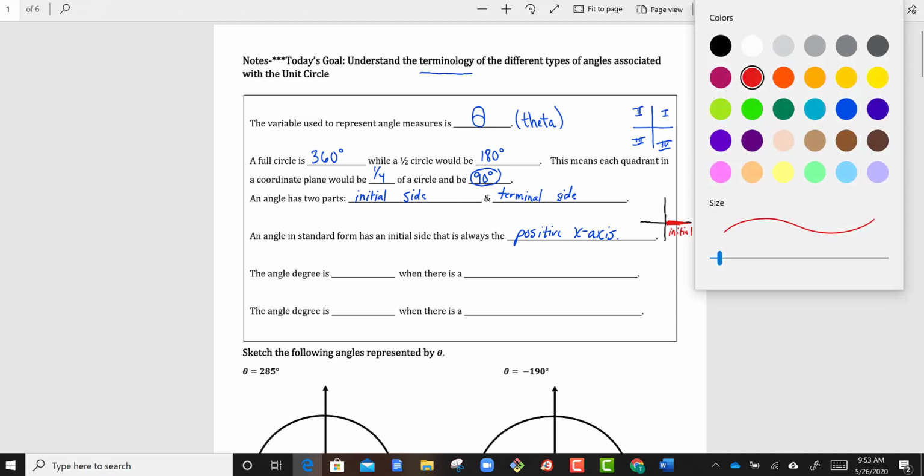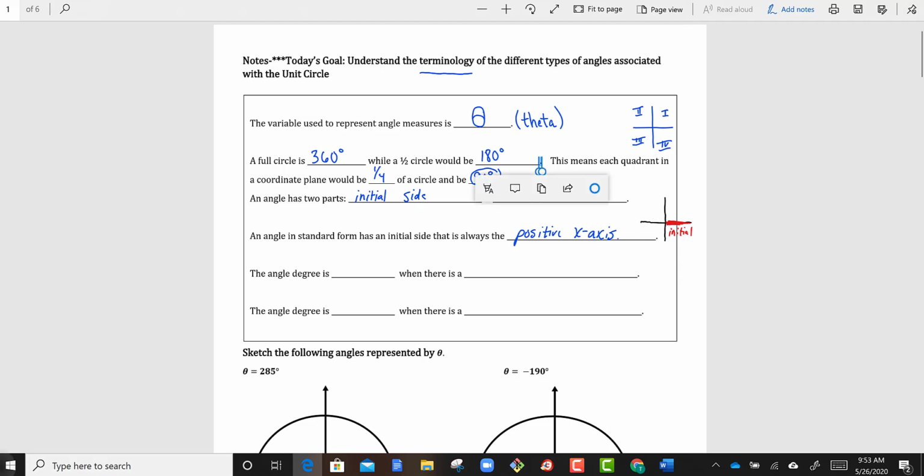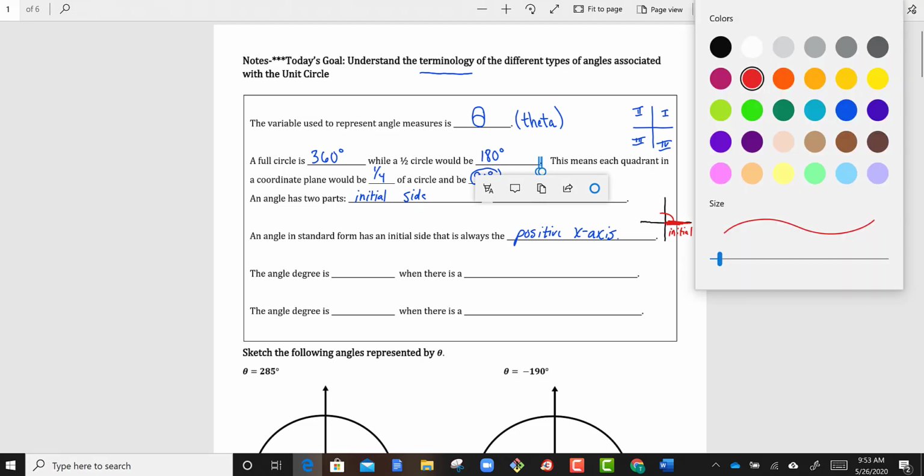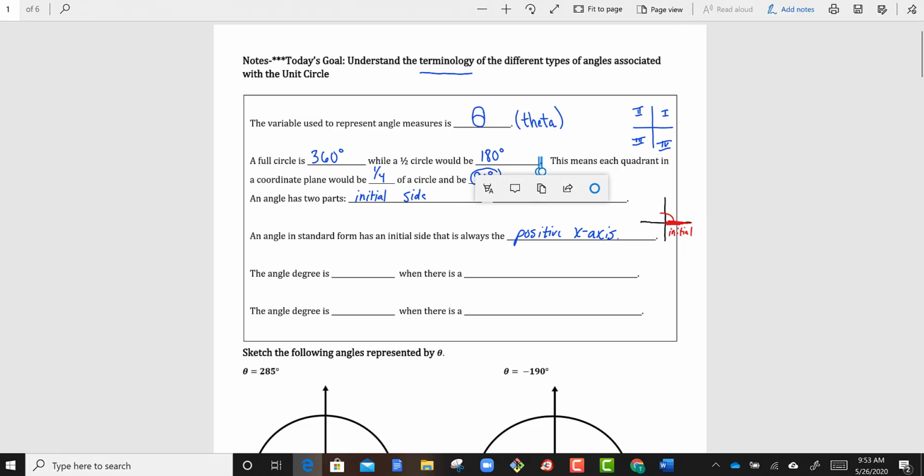And we'll talk about rotations in just a second, but let's rotate counterclockwise and just stop randomly in the second quadrant. And wherever we stop, that is the ending side of the angle, which we know is the terminal side. Think about the word terminate. Terminate means end. Same thing, terminal side of an angle is where it ends.